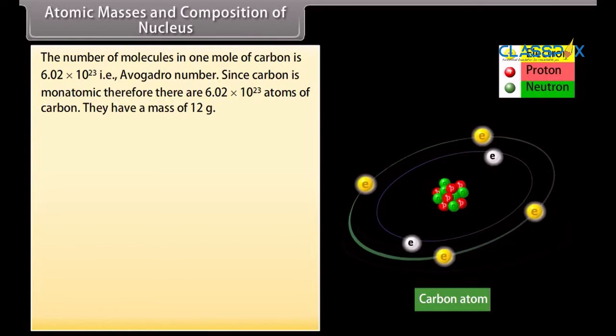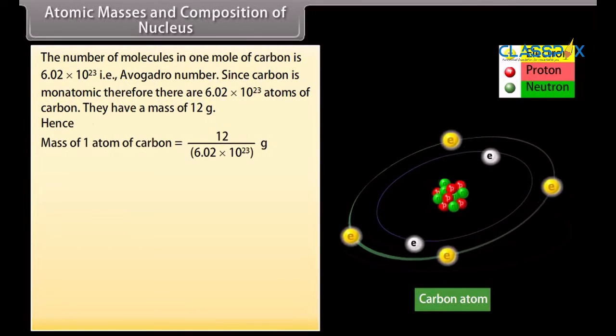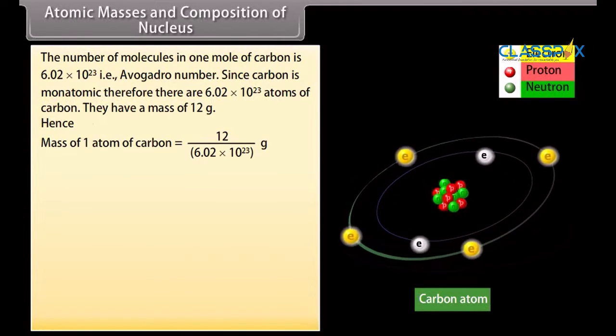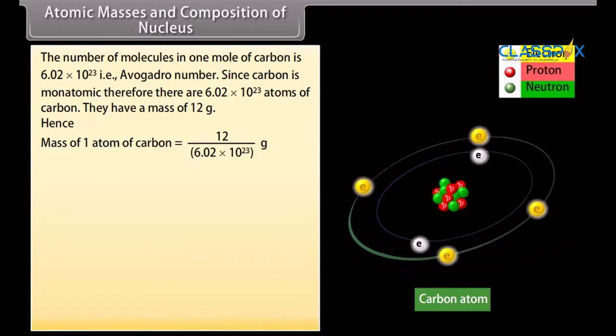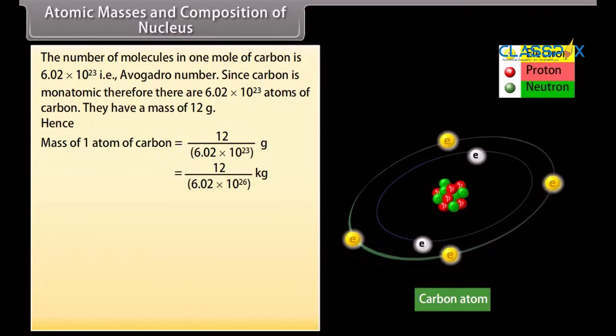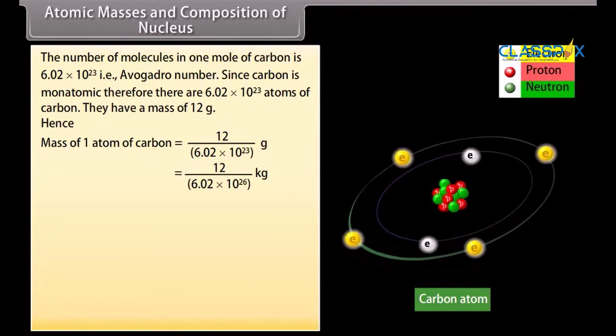They have a mass of 12 gram. Hence, mass of one atom of carbon is equal to 12 by 6.02 into 10 raised to the power of 23 gram, which is equal to 12 by 6.02 into 10 raised to the power of 26 kilogram.